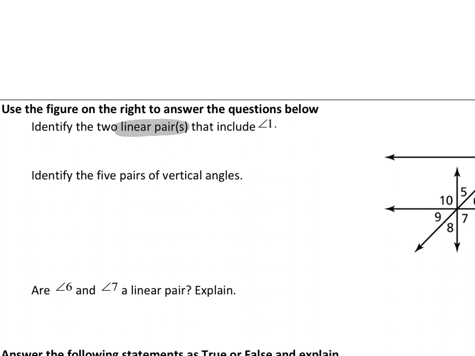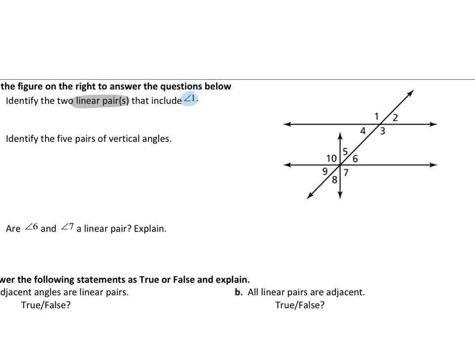We just said that linear pairs create a line. They equal 180. So if I highlight angle 1, in blue, what other 2 angles form a line with angle 1? So we would have angle 1 and which one? What's another thing that makes a line with it?